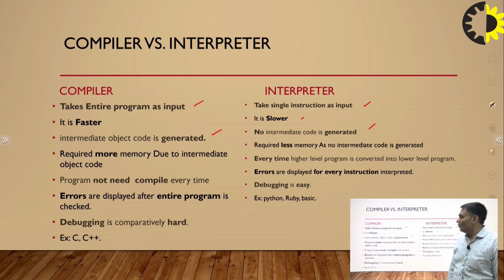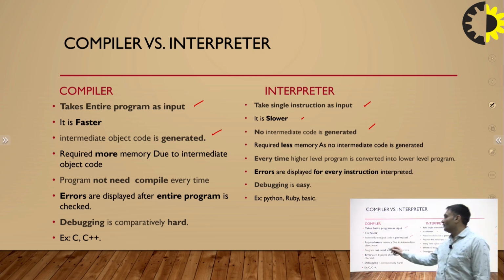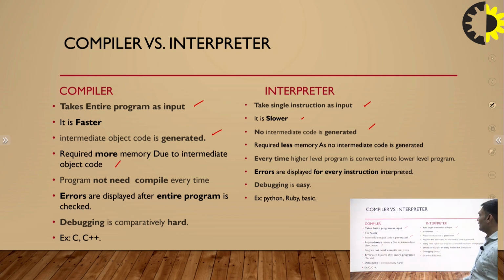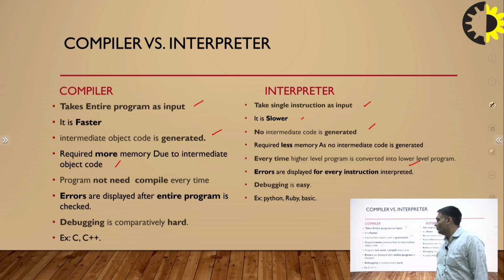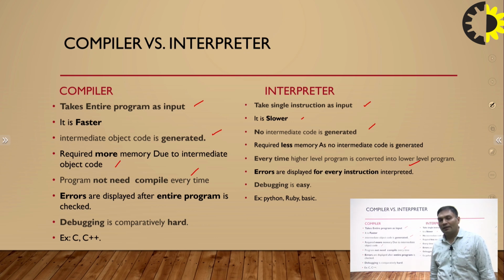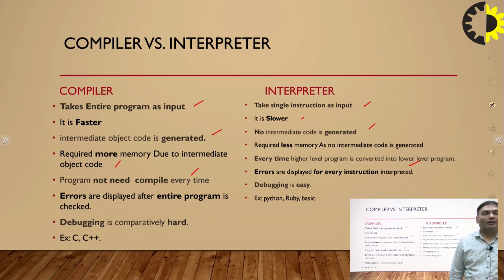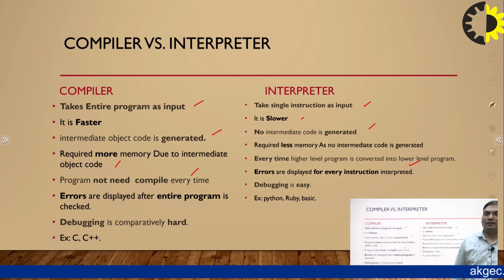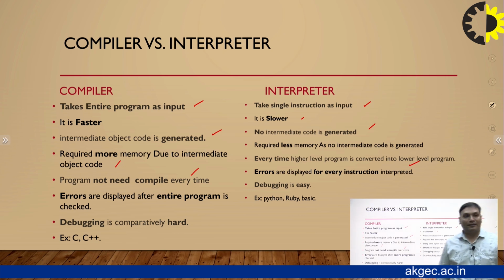The compiler requires more memory because intermediate code is generated, so that's why memory consumption is high, but the interpreter requires lower memory consumption because every time the higher level program is converted into the lower language program. Programs need not be compiled every time in case of the compiler, but in case of the interpreter, debugging is quite easy.